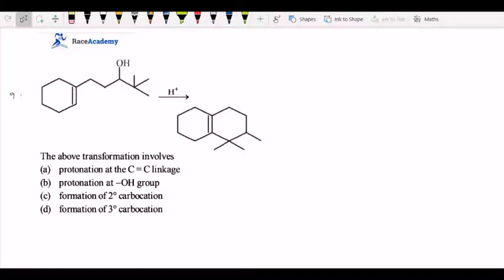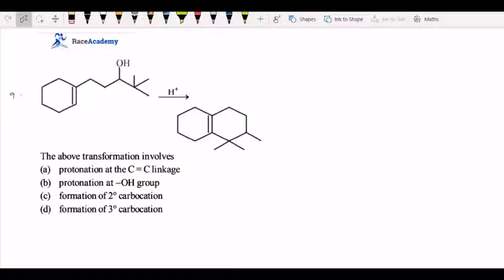Here they have given one ring with OH, and here protonation is also taking place. The transformation involves, and they have given the result also after the reaction. In this, what will take place?